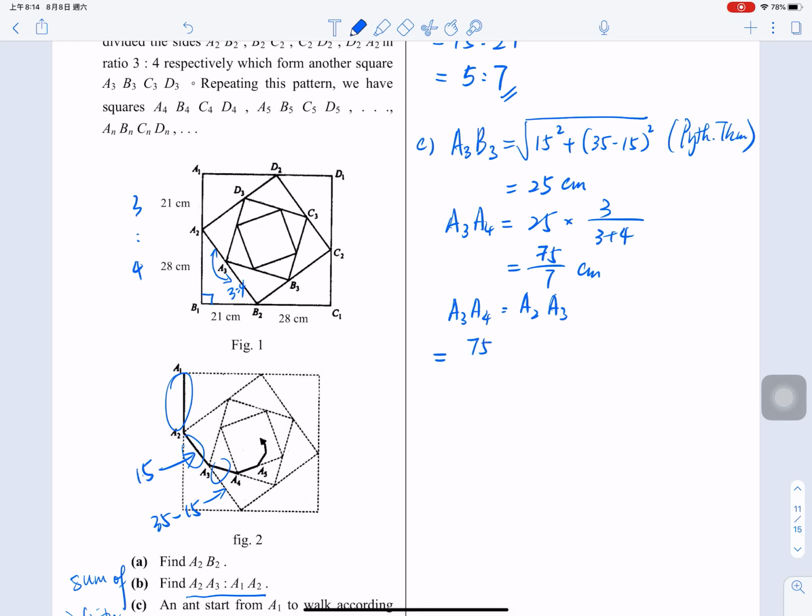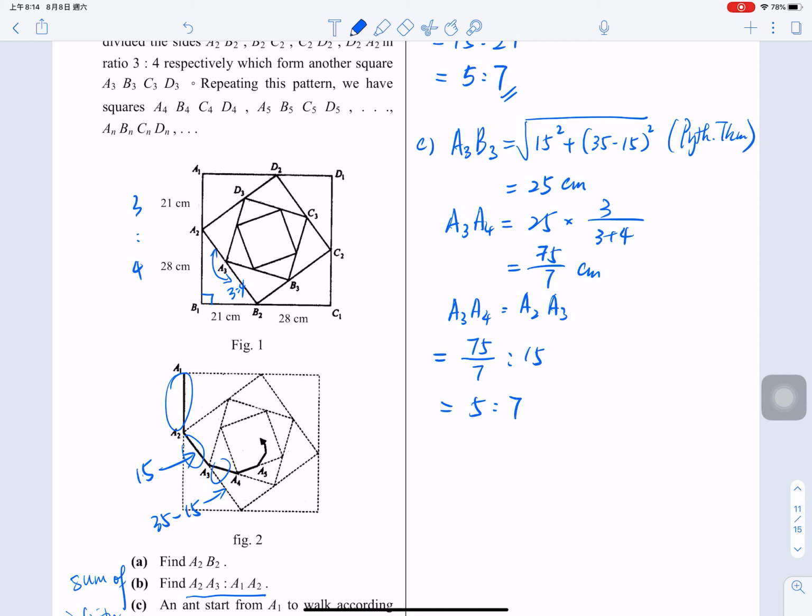And you found that 75/7 to 15. Can you see? Yeah, this one is 5 to 7. Each term you multiply by 7/5, then you get this one, right?